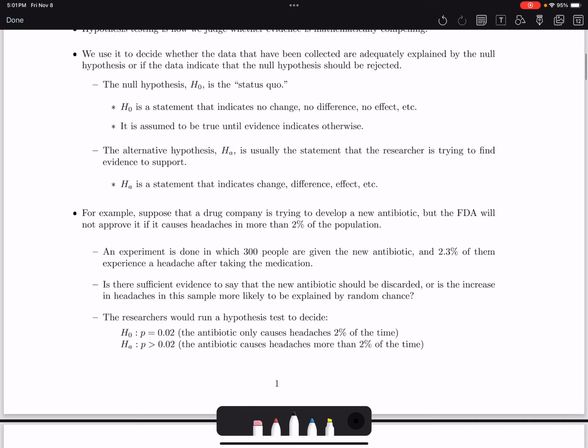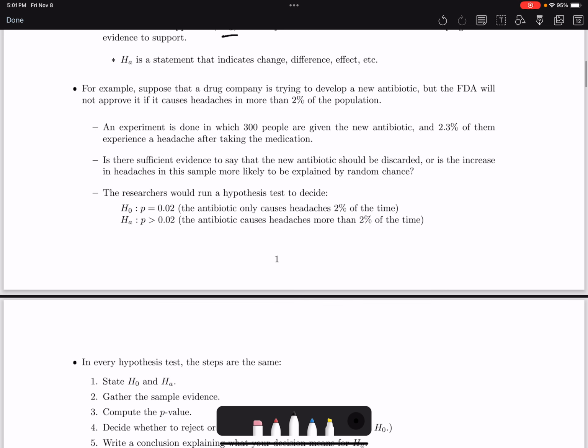For example, let's say that a drug company is trying to develop a new antibiotic, but the FDA will not approve it if it causes headaches in more than 2% of the population. This is an example we've used several times. The researchers might run an experiment where they give 300 people the new antibiotic, and let's say that 2.3% of those in their study experience a headache after taking the medication. Now, that's more than 2%.